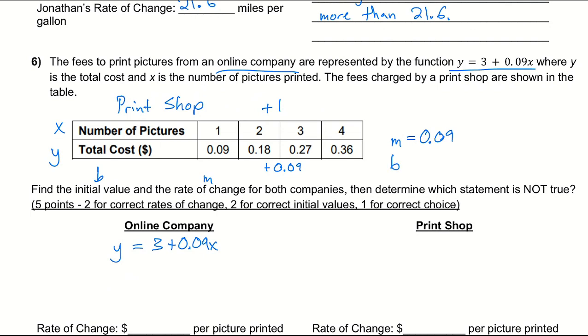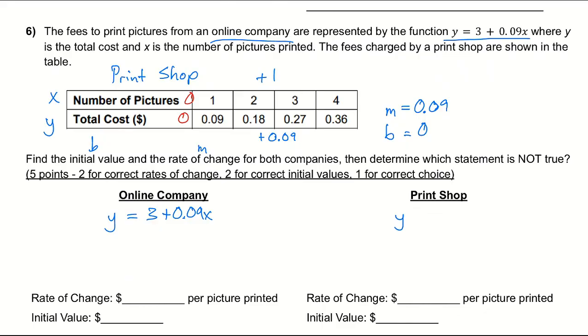My y-intercept, interestingly enough here, is going to be, if I back up the 1 to the 0 and back up that 0.09, it's actually going to be 0 as well. So my y-intercept for the print shop is going to be 0. So the equation that we could use is very similar to the online company. However, it's the same rate.